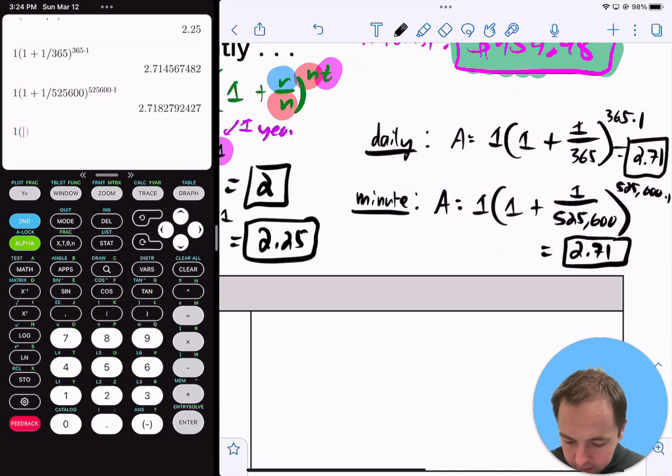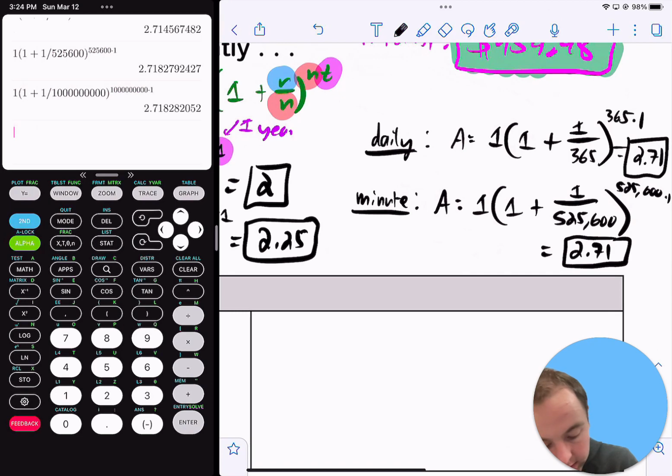I'm just going to make something up in the calculator right here. So let's say we added interest into our account 1 billion times per year. Then what we'd end up getting, if we did 1 billion times per year, you can see it's still like 2.71, right? So it doesn't seem like it's tending towards infinity. It ends up converging to a particular number.